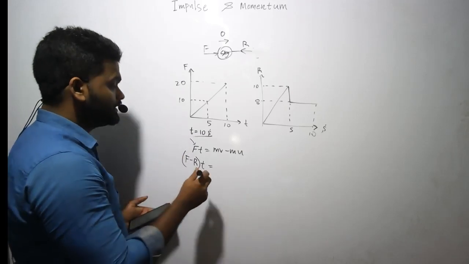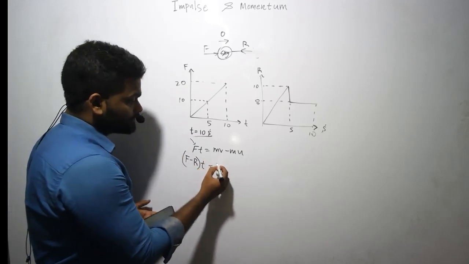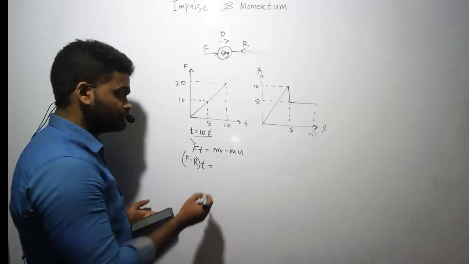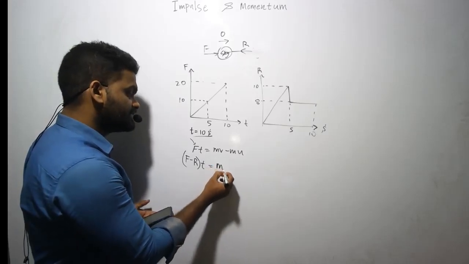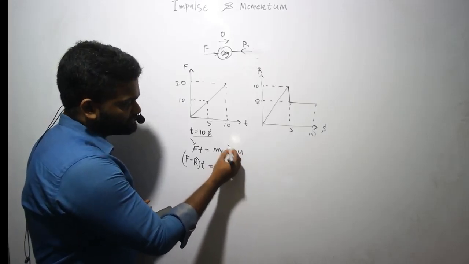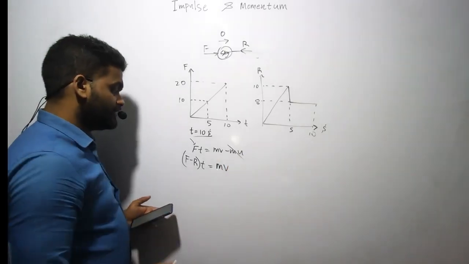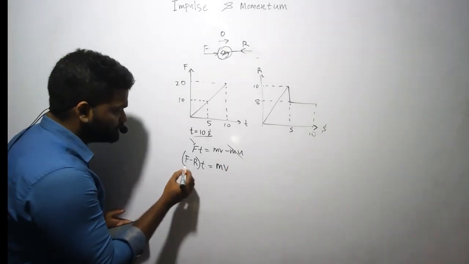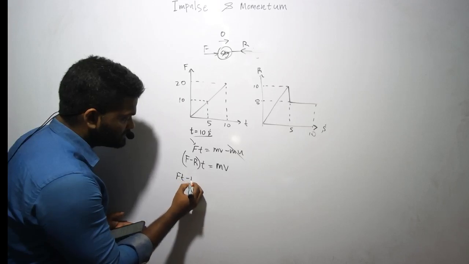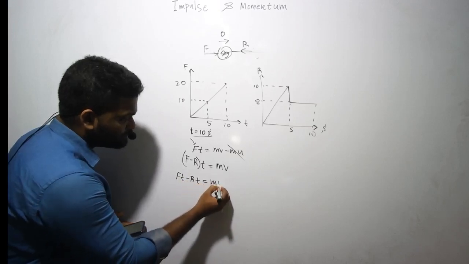Then you get mv minus mu. Since initial velocity is 0, I am just removing this part, right? It is 0. So it is mv. So then you get Ft minus Rt equals mv.